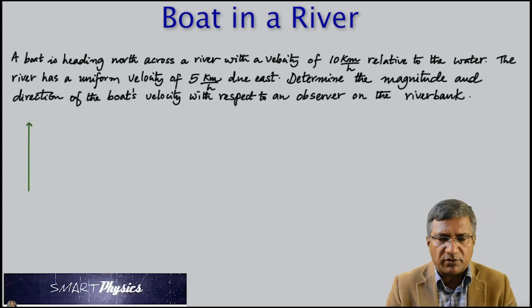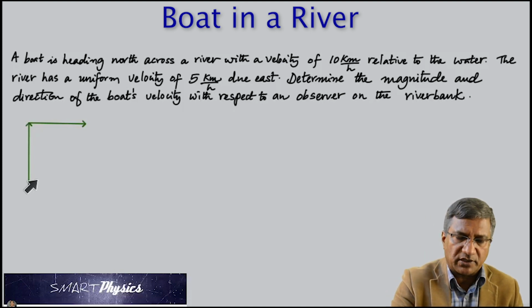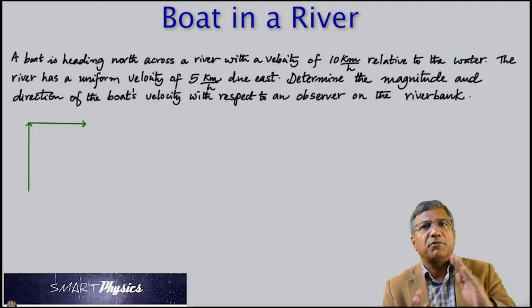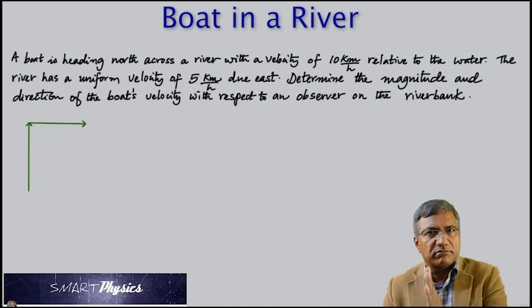So that's how the boat and the river are flowing. That's the direction that the boat is trying to head to, and this is the direction of the flow of the water in the river. Is the boat going to reach there? Definitely not, because the boat is going to be carried downstream as it goes up.